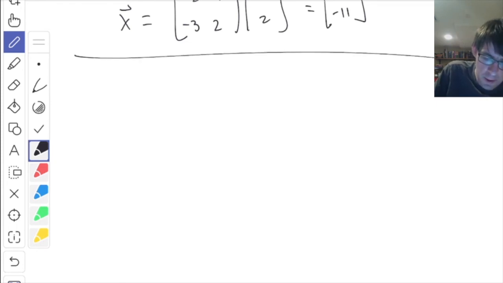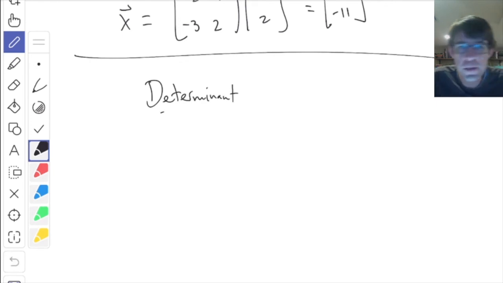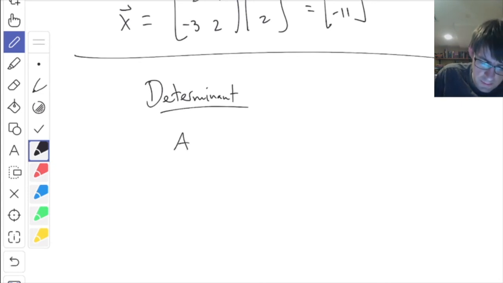How about determinants? This is an important thing. The determinant is a specific number which we write like this. We write it sort of with absolute value signs, even though it's not really related to the absolute value.